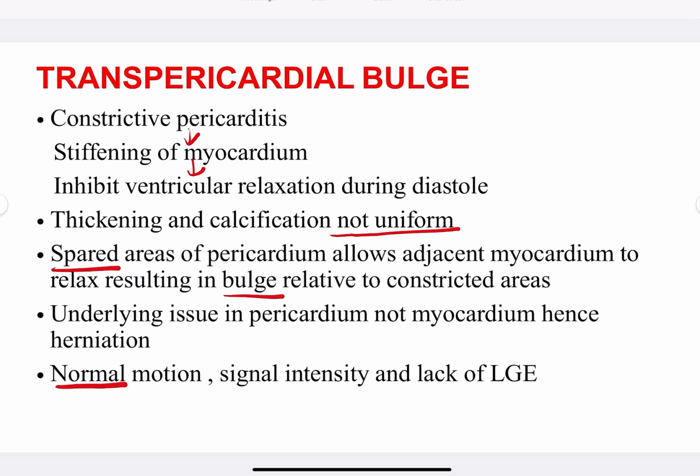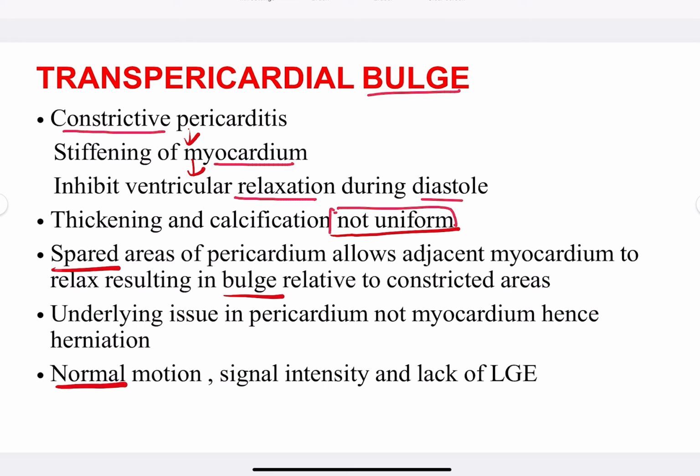Now the next thing is transpericardial bulge. So basically when the pericardium is diseased, for example in case of constrictive pericarditis, there will be associated stiffening of the myocardium and it will inhibit the ventricular relaxation during diastole. But this thickening and calcification is not uniform.